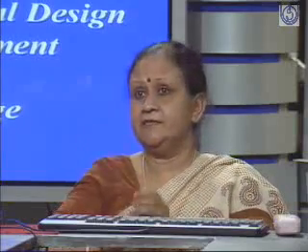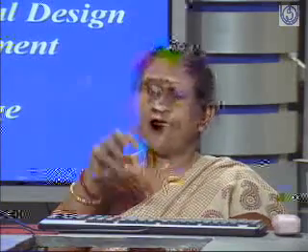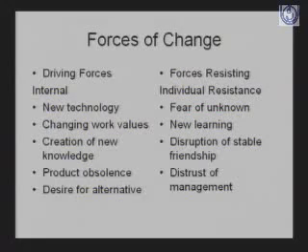Now we come to change. The nitty-gritty details of the change. I tried to compress different aspects. There are forces of change. You can see there are driving forces, there are forces resisting, and after this we will come to individual forces and organizational forces. So let us look into the driving forces.